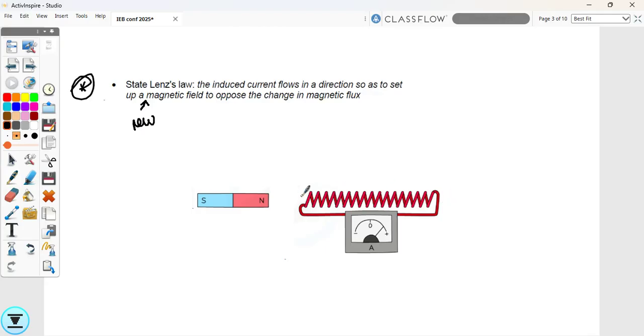And if you call it a new magnetic field, they don't confuse it with the magnet that is now moving, the magnetic field that is interacting with the other magnetic field, and they can hopefully get it right. And then obviously we're using our right-hand law to get the direction, to get the North Pole and the South Pole there. But just adding that little word there, I found works very well, that they realize it's a new magnetic field that is created to oppose the change in magnetic flux.